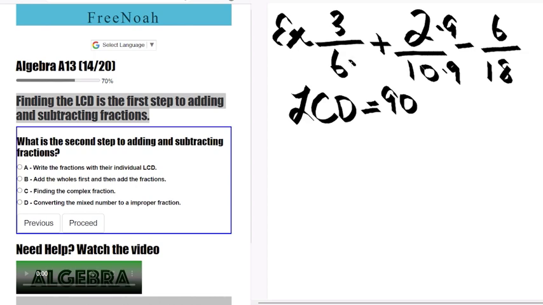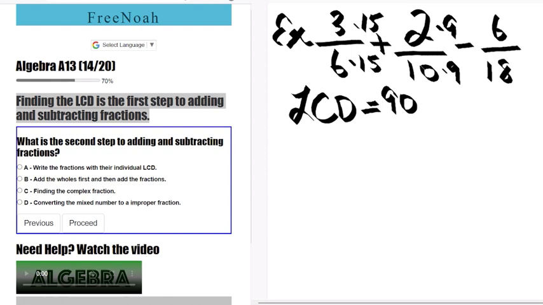All right, now let's take a look at 6. What'll give us 90? Well, if we multiply 6 by, I believe it's 15, right? We'll get 90. So we multiply the numerator and the denominator by 15.